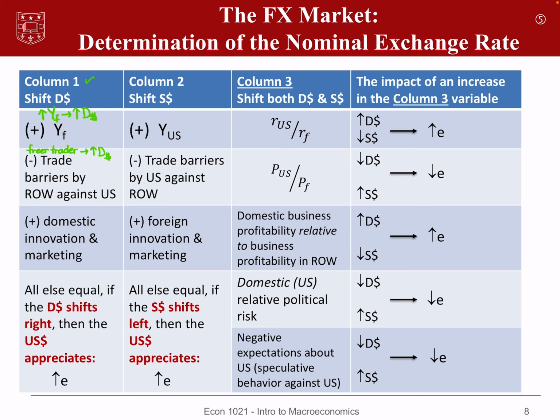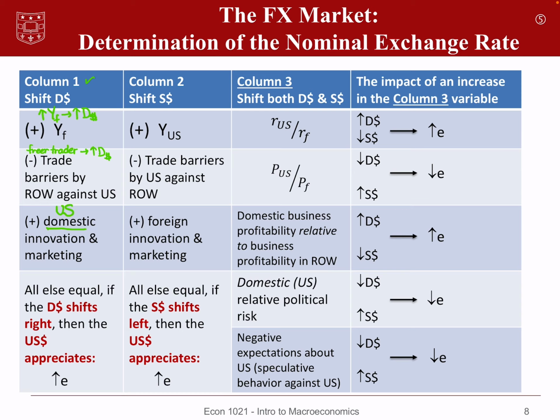And then a third thing that's described in the textbook, I'll be honest, I'm probably not going to ask a question on this, but who knows, would be the degree of innovation and marketing that is done with respect to US goods and services. So by domestic here, interpret this for now as the US.